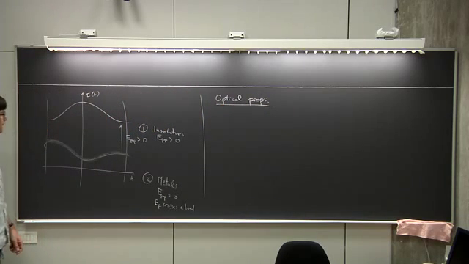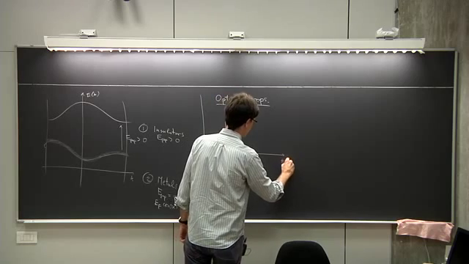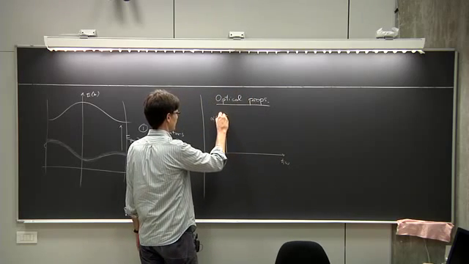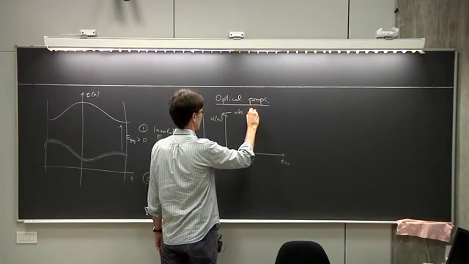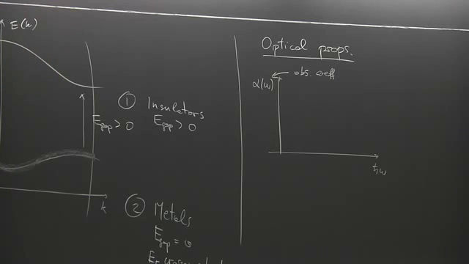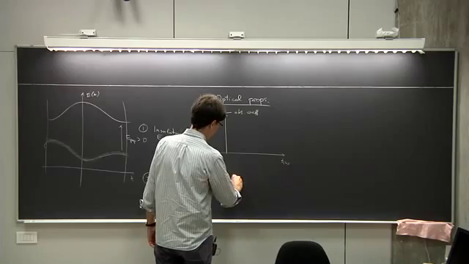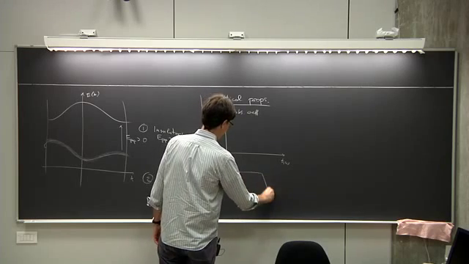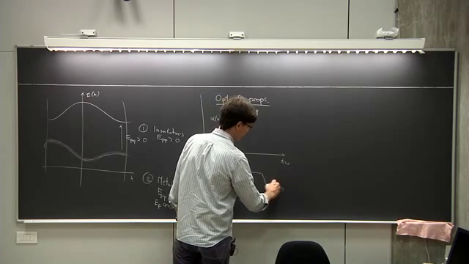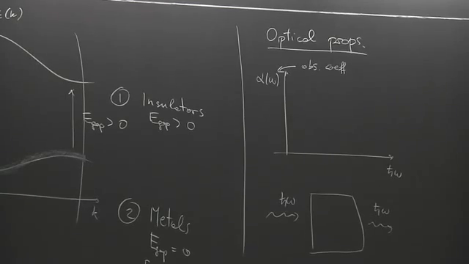And in order to understand optical properties, we look at the absorption coefficient, which is essentially, we didn't go into much detail about that, the amount of photons that get absorbed for a particular frequency in an experiment in which you're shining light onto your sample, and you look at how much light is transmitted through the material.